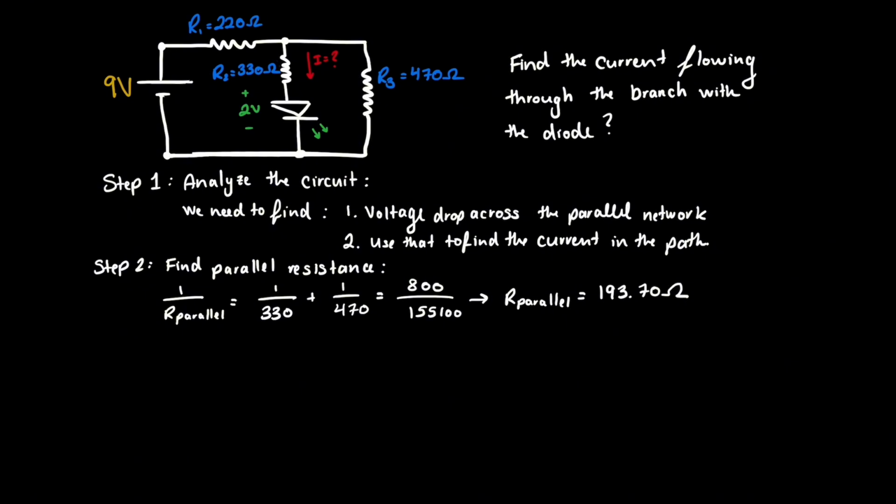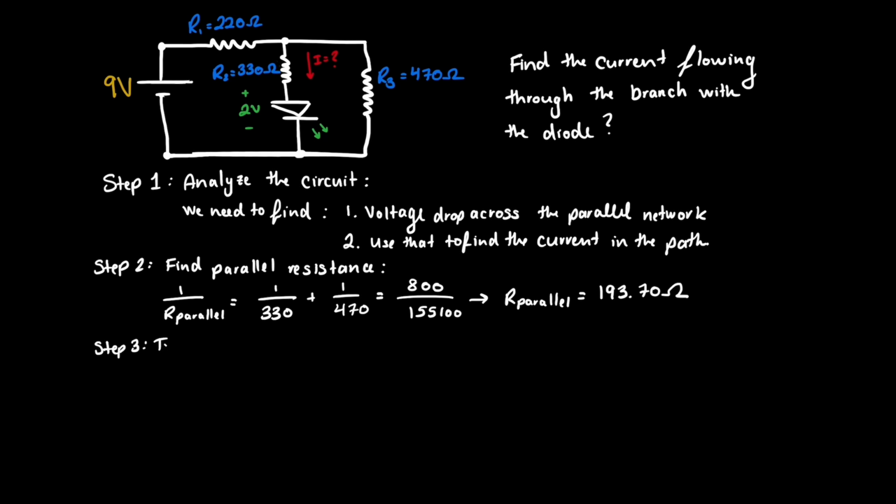Once we add those together, we get a value of 0.00303 plus 0.00213 equals 0.00516. Now, all we do is flip that number to get the equivalent resistance, meaning that R parallel is equal to 193.7 ohms. So that's the total resistance of the parallel section.